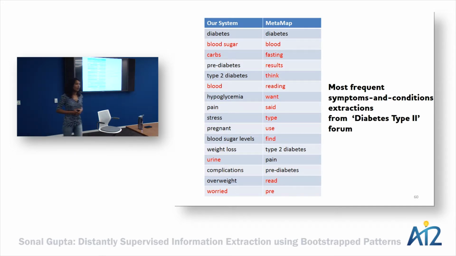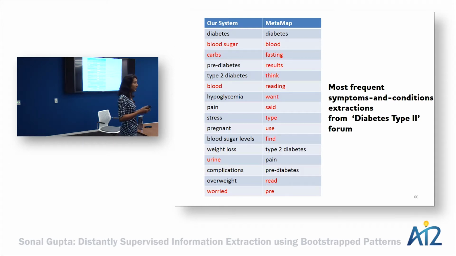Yeah. So your system looks like it's doing pretty impressively compared with MetaMap. But what is it that's giving your system that added power? Mm-hmm. So MetaMap does very dumb matching. It doesn't even look at the context. It does just dictionary matching. So you have a more powerful pattern language? Right, right.